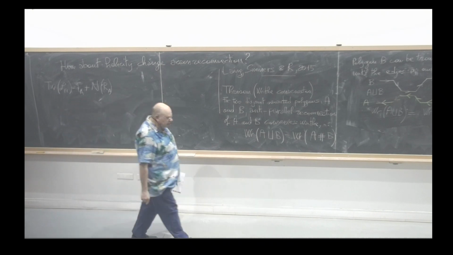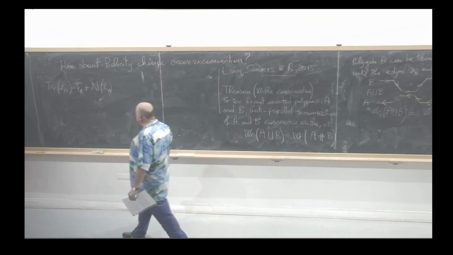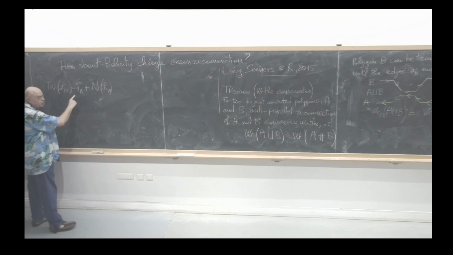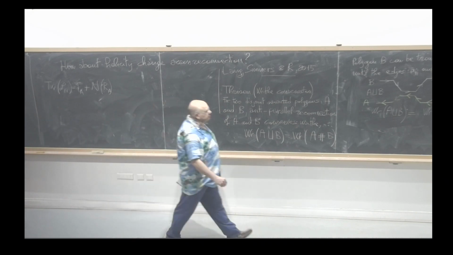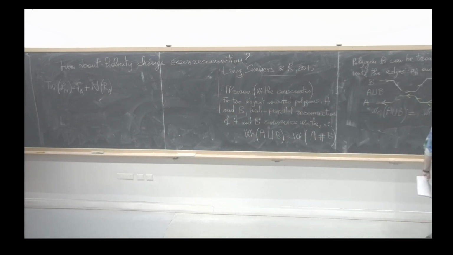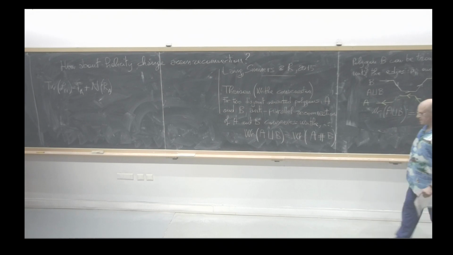So if writhe is conserved, you can prove from differential geometry that total torsion under antiparallel reconnection, imagine that these are really, really local things, and these segments are very, very small. Then total torsion that you inherit from the A polygonal curve and total torsion that you inherit from the B polygonal curve are unaffected by this erasing of oppositely oriented segments.